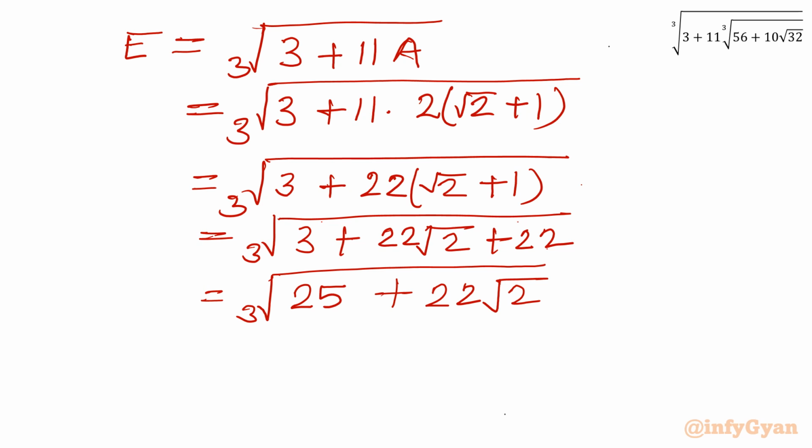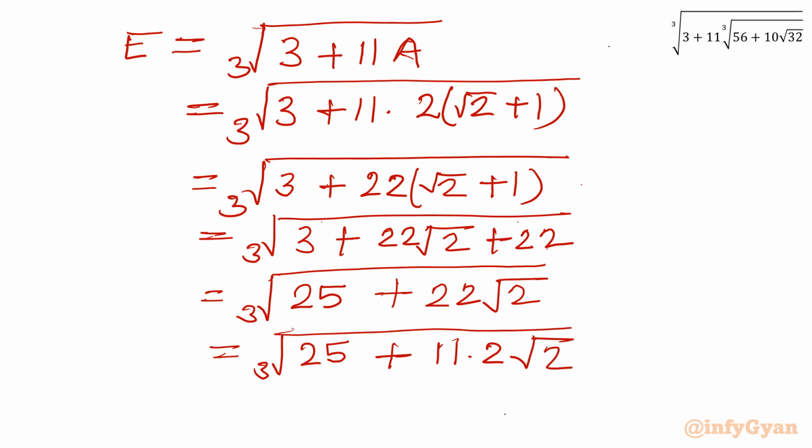Now I can write 22 as cube root 25 plus 11 times 2 square root 2. Now this 2 I can write as root 4, so cube root 25 plus 11 times root 4 root 2.